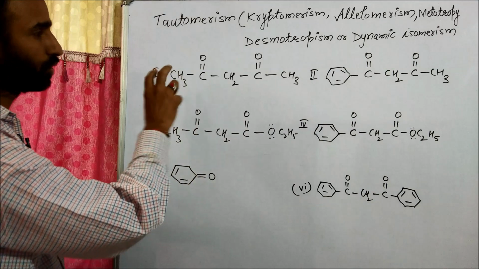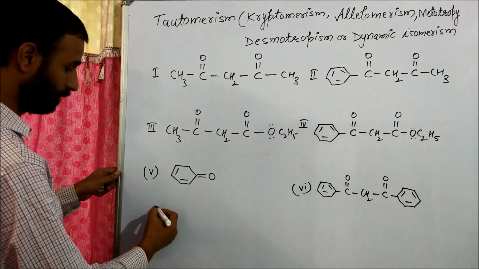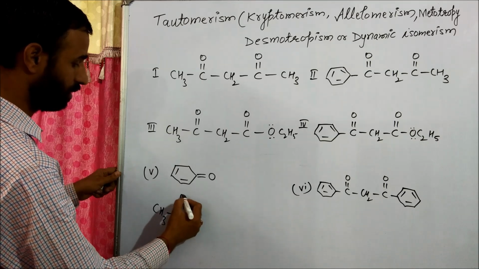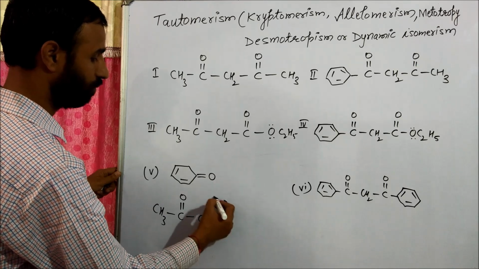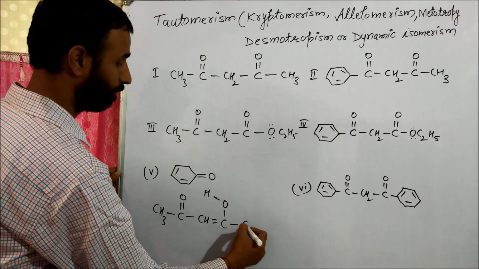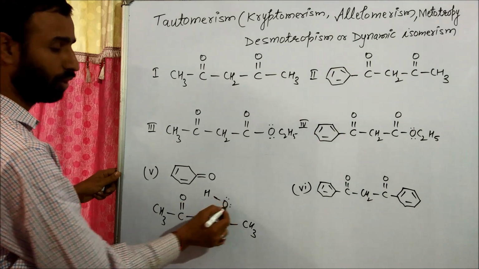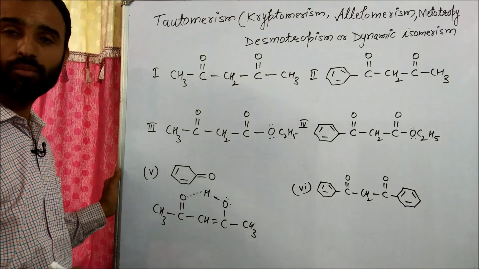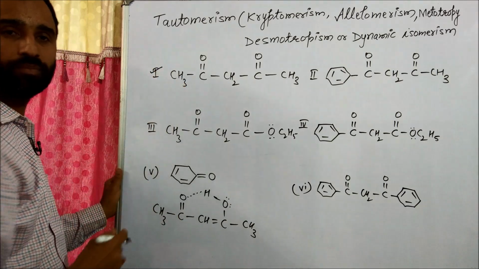There is a conjugation. When it's enol form, we form either this side or other side, because both are of same type. There is increase in conjugation as well as formation of intramolecular hydrogen bonding. That's why enol content is high.